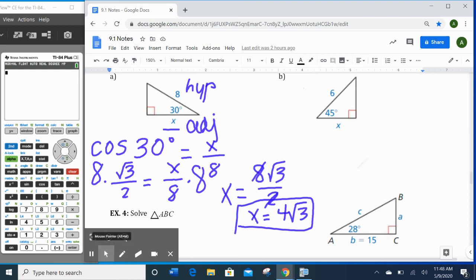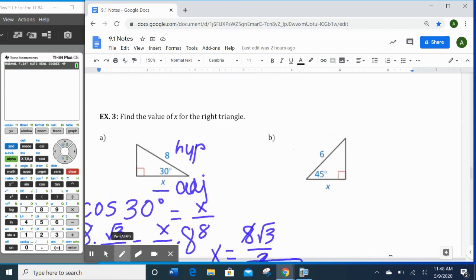And then letter B, let's look here. So they are doing the same thing: the x is the adjacent and the 6 is the hypotenuse. So it's not always cosine, but in this case it's also cosine. The cosine of 45 degrees is equal to x over 6.